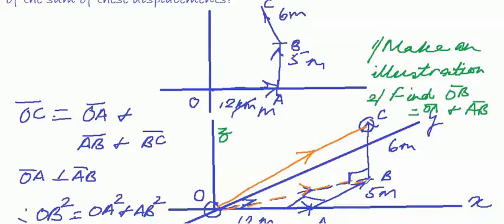And finally in the third step we find our final displacement, OC, which is the sum of OB and BC, both of which are perpendicular. Then OC bar is equal to OB bar plus BC bar. Okay, these are our steps.